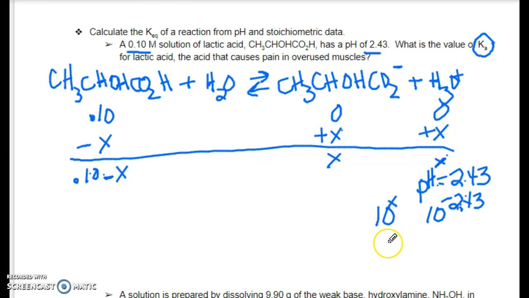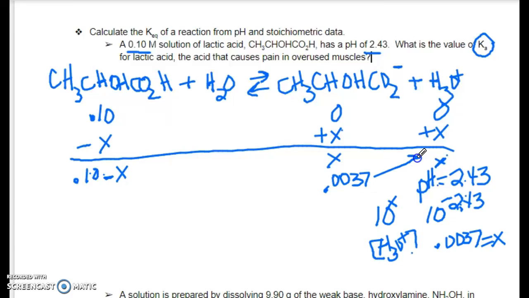And you're going to get a hydronium ion concentration of 0.0037. And that's really what your X is equal to. So these both become 0.0037 for both X's, this one and this one.